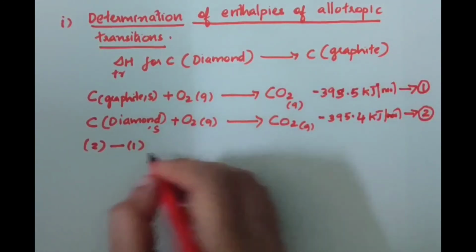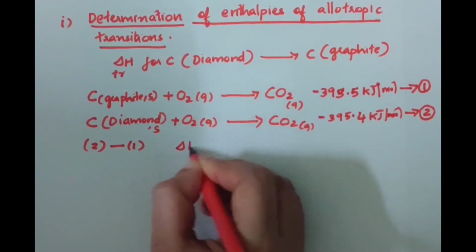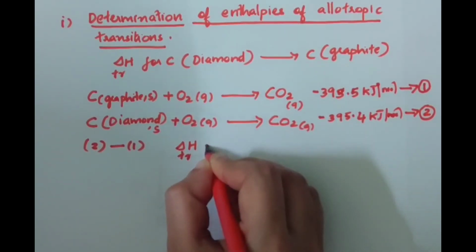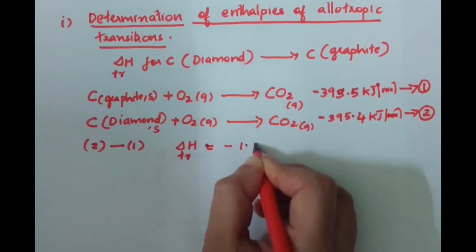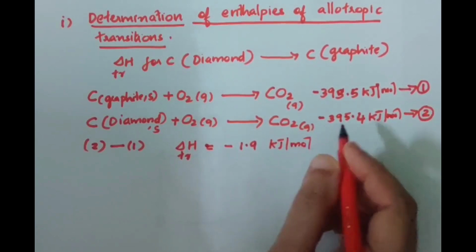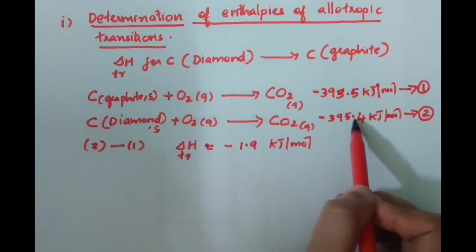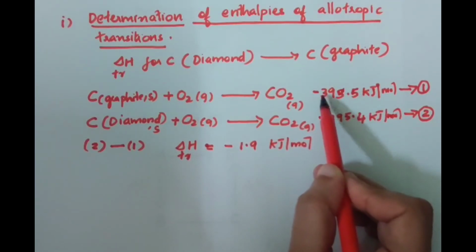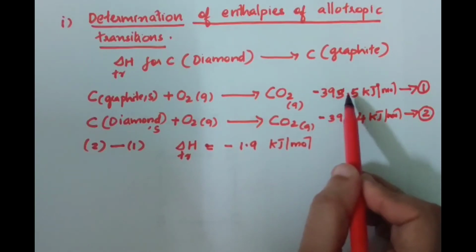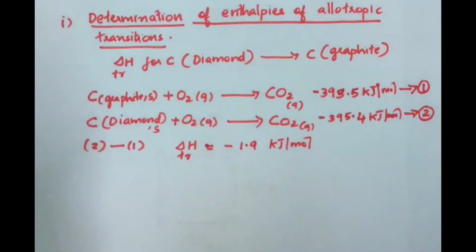2 minus 1 gives delta H transition, negative 1.9 kilojoule per mole, that is, 395.4 minus of minus, that is plus 393.5.